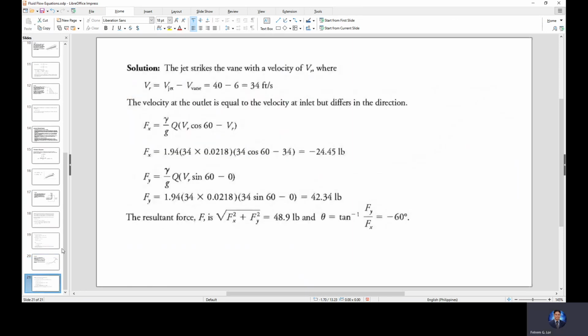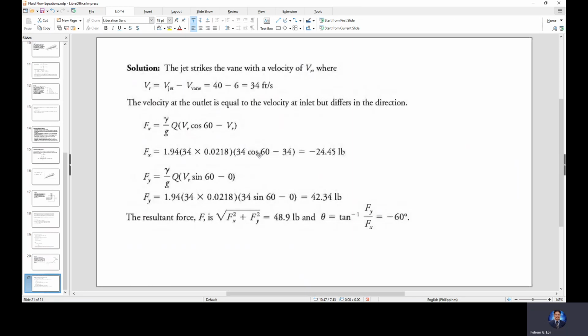So when applying those velocities in the equation, for Q, the Q is 34 times the area, 0.18.